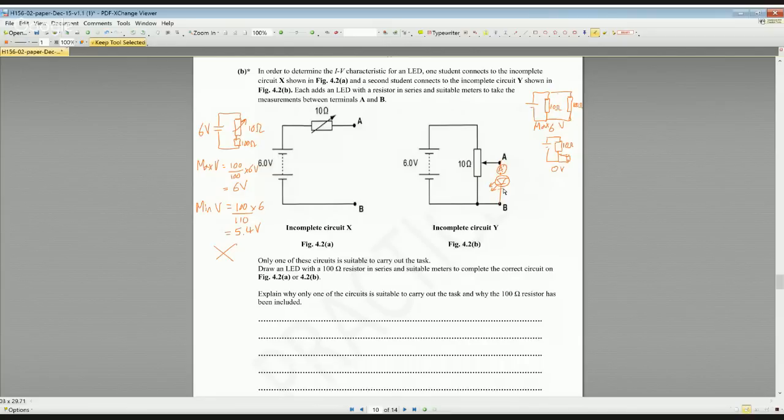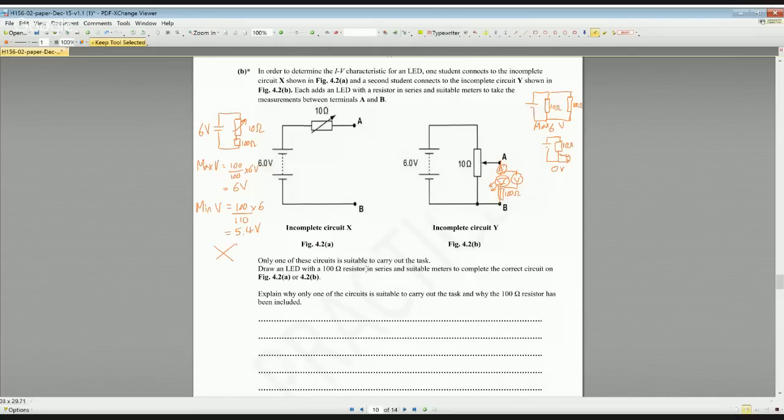And oops, forgotten the resistor as well. So we have our resistor there, 100 ohm resistor. We need a voltmeter across the LED as well. It's pretty difficult to draw this in the space that they've provided. So be neater than I've been.